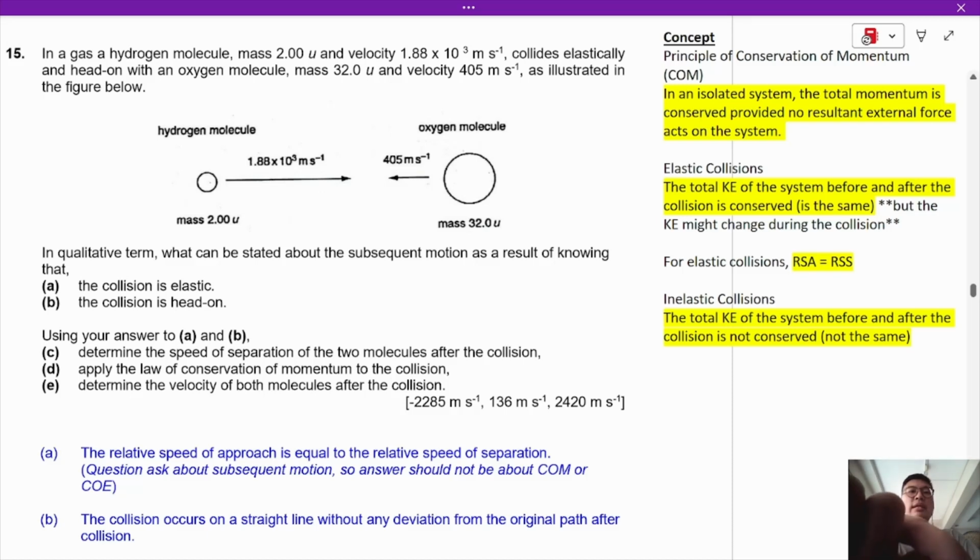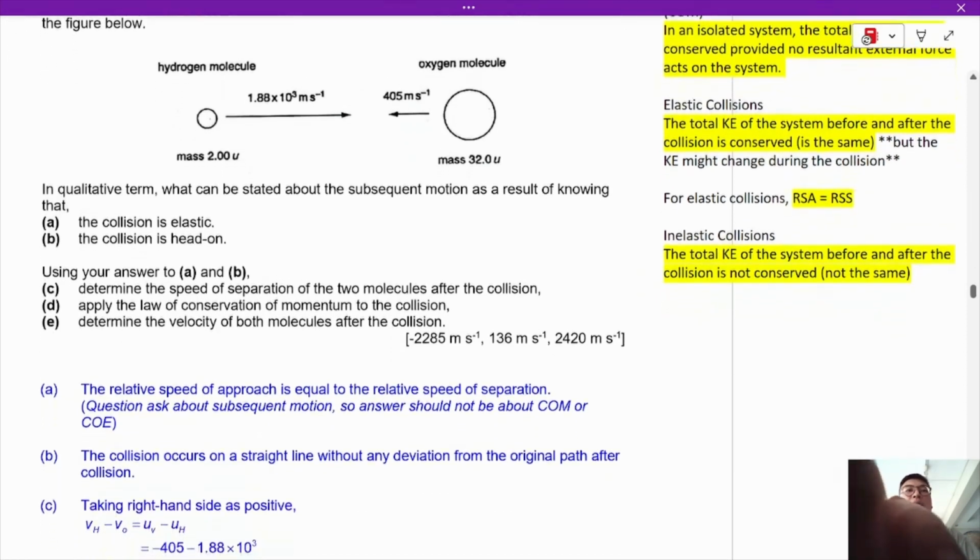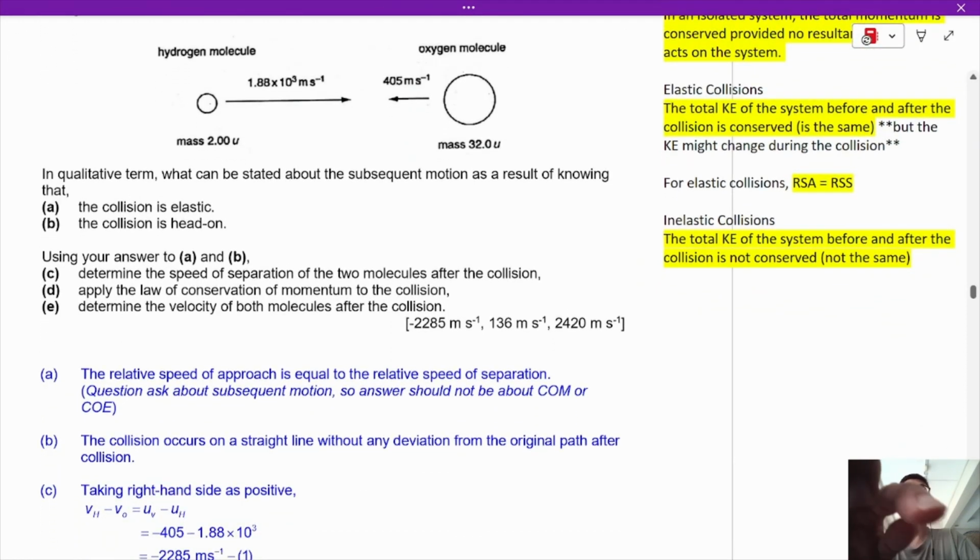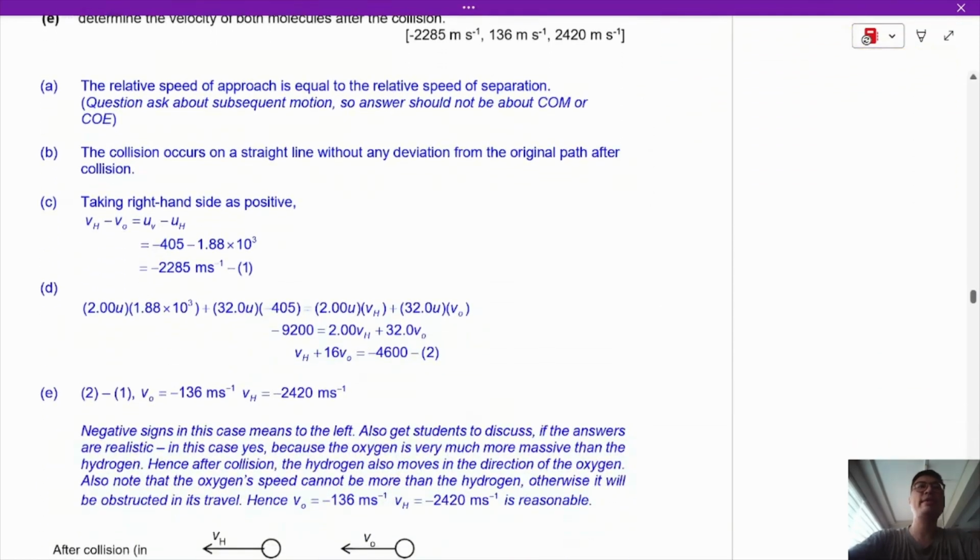If the collision is elastic, the relative speed of approach is equal to the relative speed of separation. Now, what about knowing that the collision is head-on? If the collision is head-on, then the objects will separate in a straight line without any deviation from the original path. So after they collide, the objects will separate along the same line.